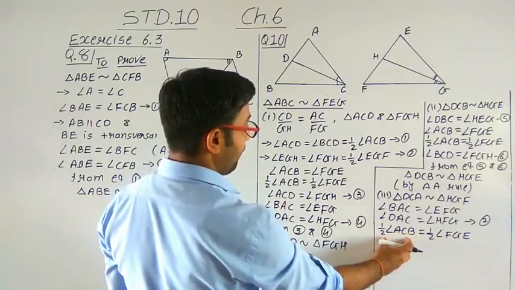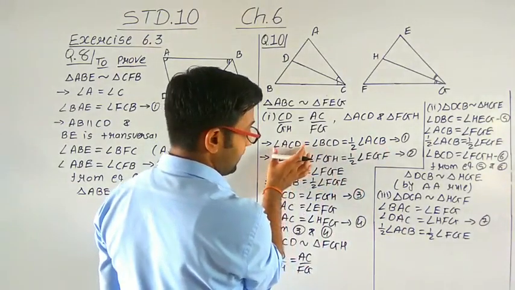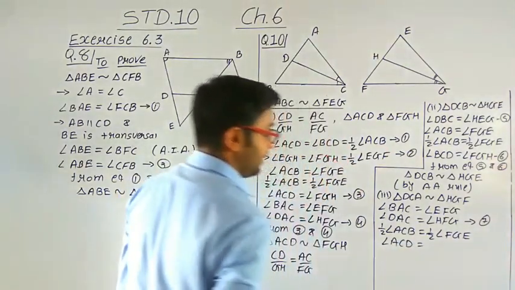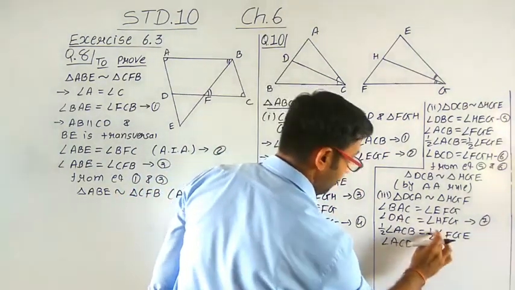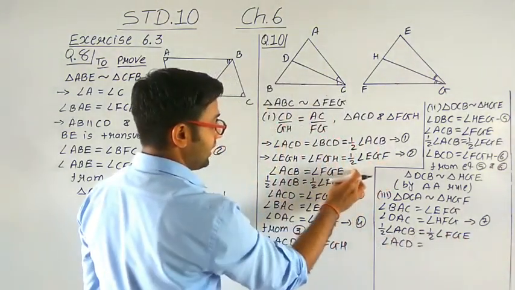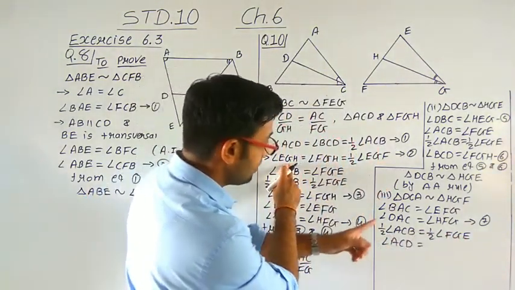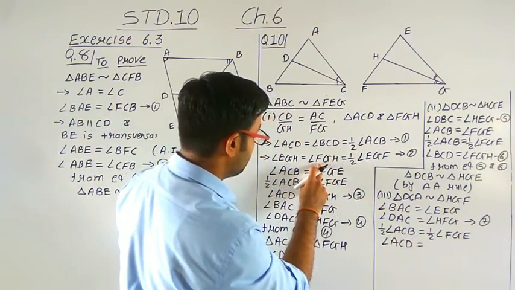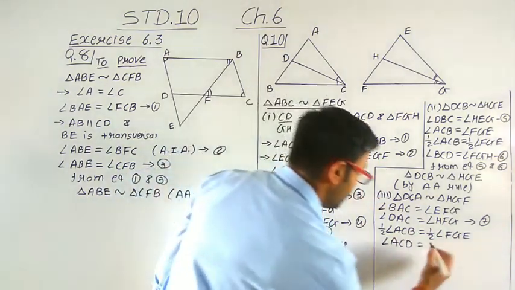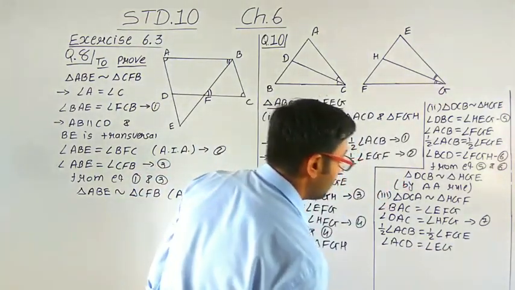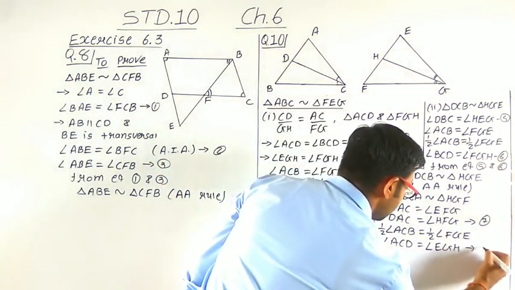Now here 1/2 of ACB we take as angle ACD, and instead of 1/2 of FGE we can take angle EGH, right? This is equation number 8.